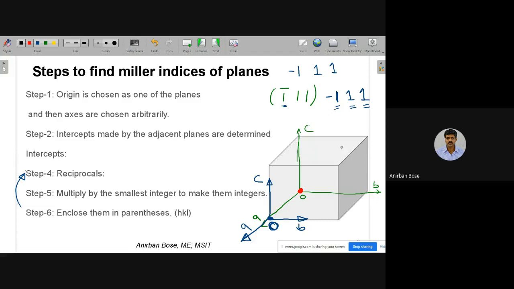With the B axis, intercept 1 is which point? Here is the B axis, so +1 is this point. With the C axis, what is the intercept? +1, so this is the C axis and +1 is the intercept. What is the next step? Simply join.